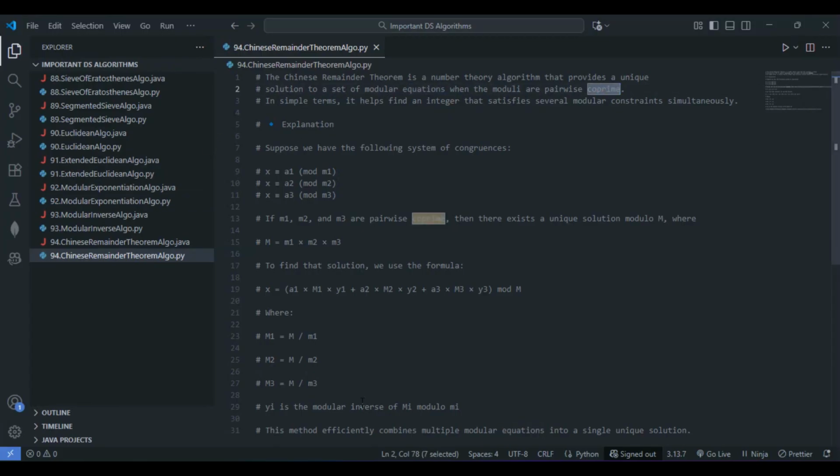Only when the moduli are pairwise coprime, so we have to keep this in mind. In simple terms, it helps find an integer that satisfies several modular constraints simultaneously.